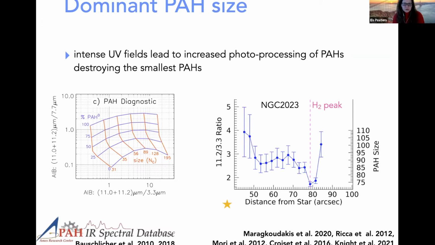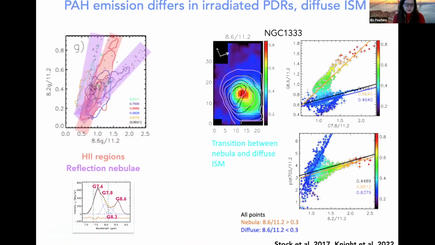But recently, with the advance of Spitzer, where we can have both spatial and spectral information, we have seen that if you look at PAH emission in irradiated PDRs, and now you can talk about reflection nebulae, compact HII regions, HII regions, or the diffuse ISM, you see that, for example, here we have two different components that we extract from the emission spectrum, and that the reflection nebulae have a different correlation compared to the HII regions.